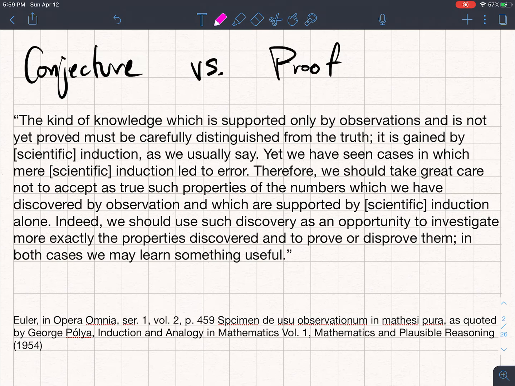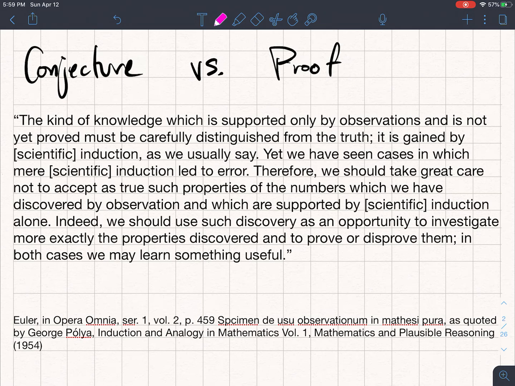Therefore, we should take great care not to accept as true such properties of the numbers which we have discovered by observation and which are supported by scientific induction alone. Indeed, we should use such discovery as an opportunity to investigate more exactly the properties discovered and to prove or disprove them. In both cases, we may learn something useful.